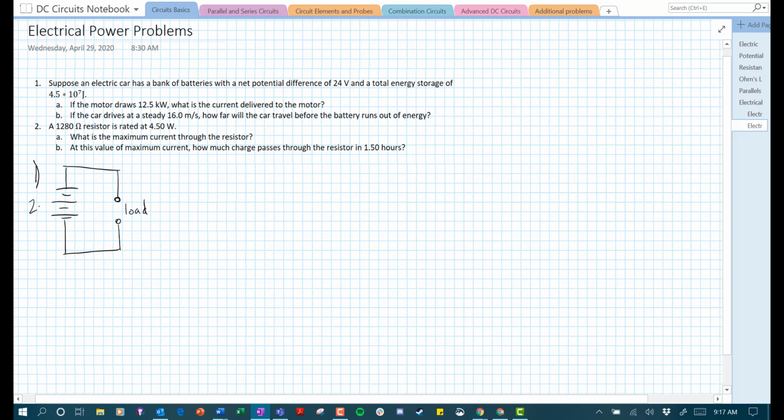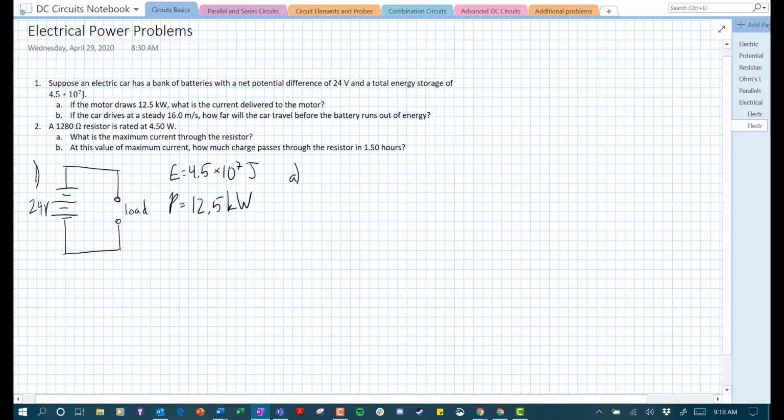But anyway, this is 24 volts, and we have a total energy storage of E equals 4.5 times 10 to the 7 joules. The motor draws 12.5 kilowatts. We want to know what the current is delivered to the motor.